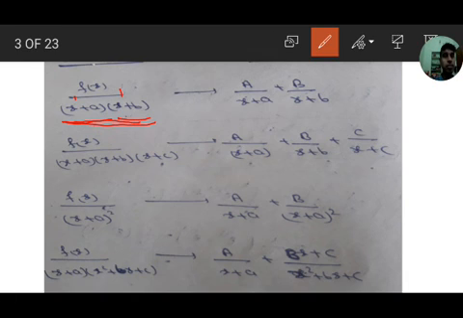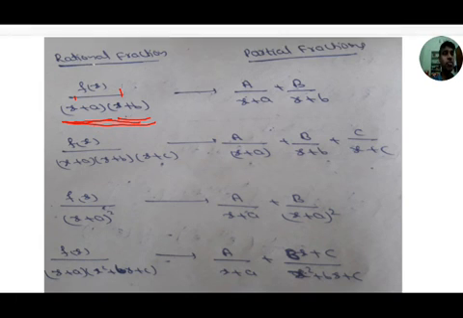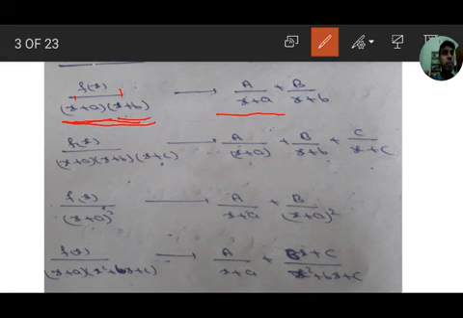A rational fraction of the form f of x by x plus a, x plus b can be written as the partial fraction A by x plus a plus B by x plus b. For each linear factor we have to write one constant, A by x plus a, and next B by x plus b.